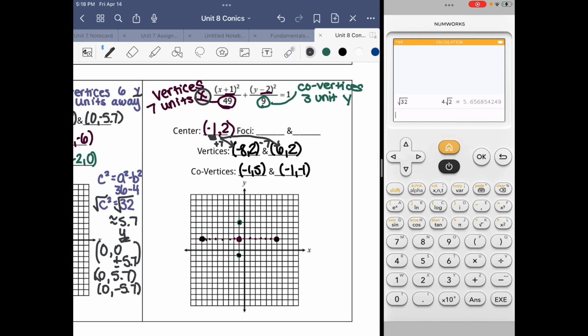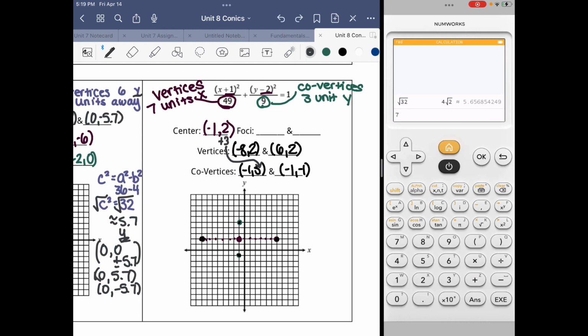The co-vertices are going to be 3 units away, so you're going to add or subtract 3 to get the y part. That's just an easy way of knowing if your points are in the right spot. It's checking how far away they are from the center.